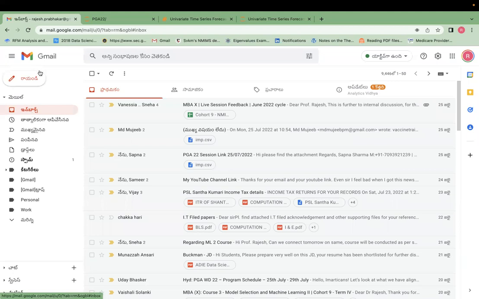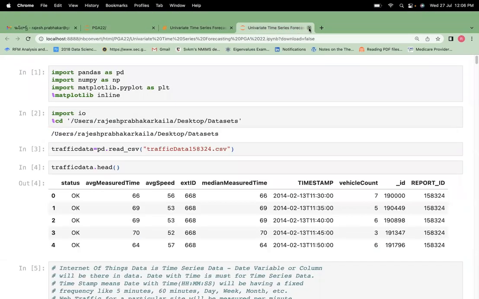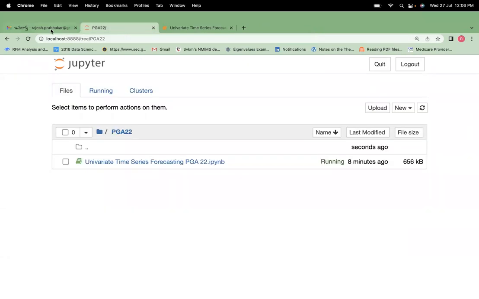Sir, any practice data for IoT? You want the IoT data for practice? Yes, sir.